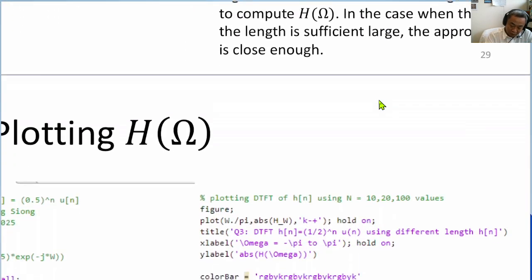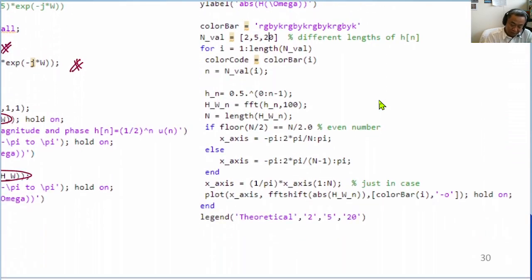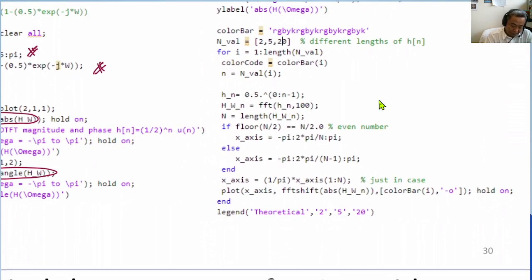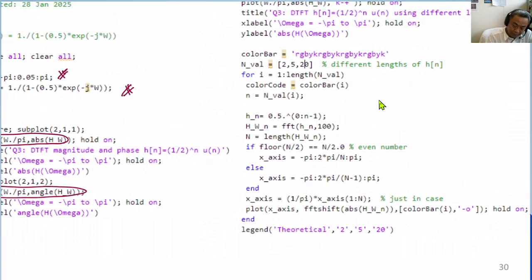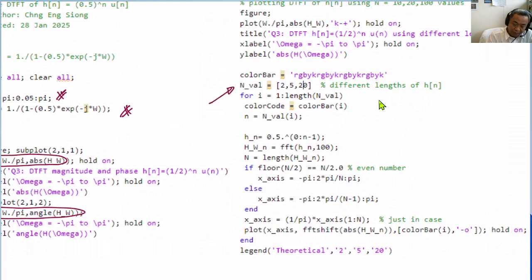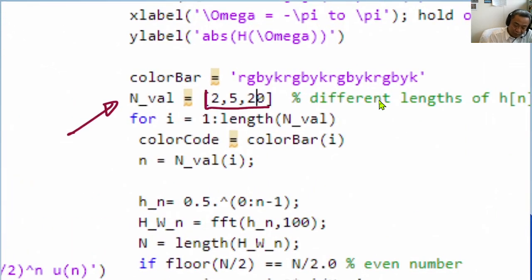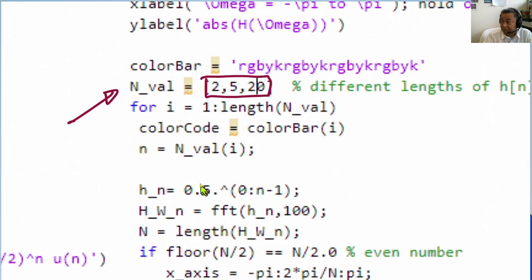So you'll see the code to do it here. First I choose the 3 values: 2 samples, 5 samples and 20 samples. Then I take the values here to generate, let's say, 0.5 to the power n, a 2-sequence, 5-sequence or 20-sequence.